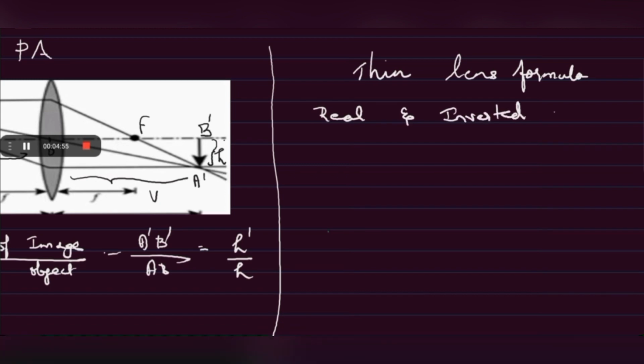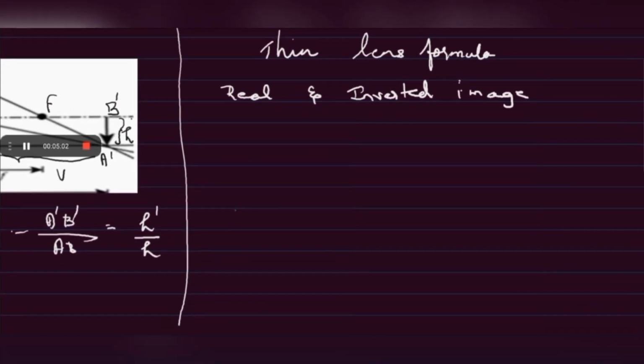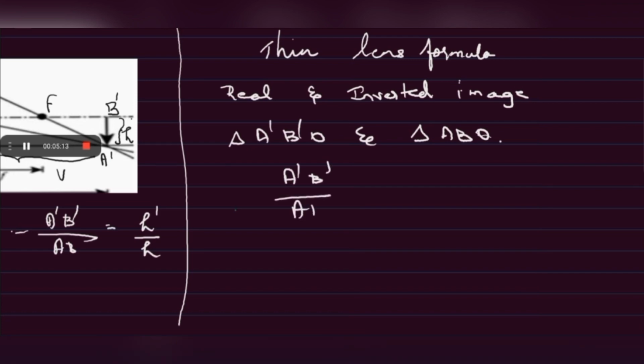In the same way, if you compare the triangles and apply the similar triangle concept, the triangle A dash B dash O and the triangle ABO, A dash B dash divided by AB is equivalent to OB dash by OB.